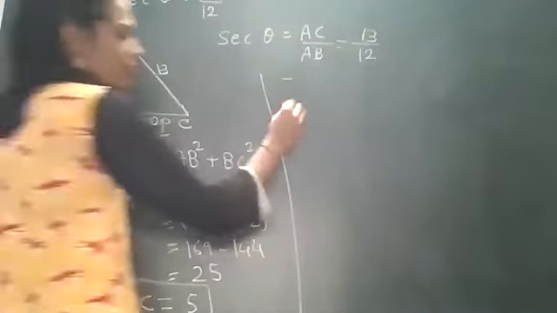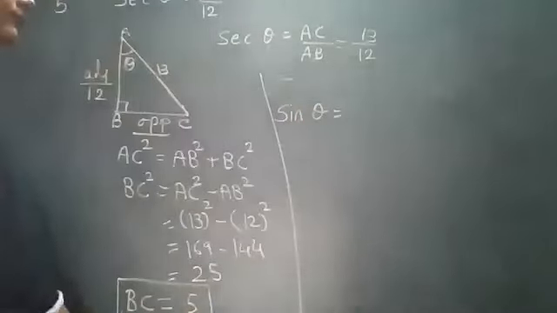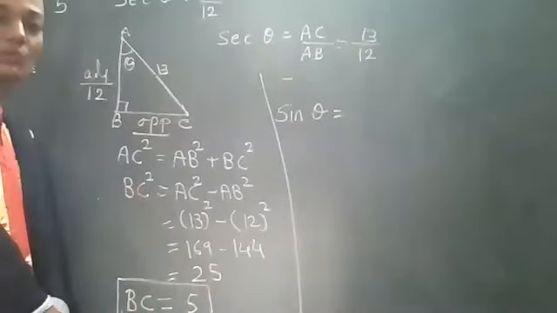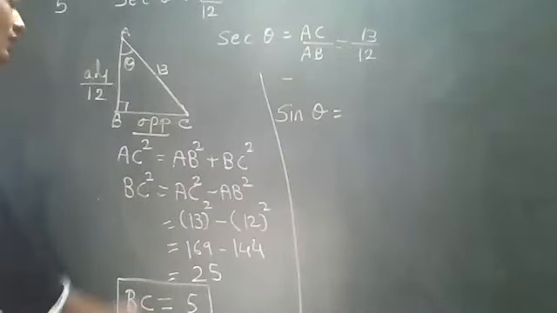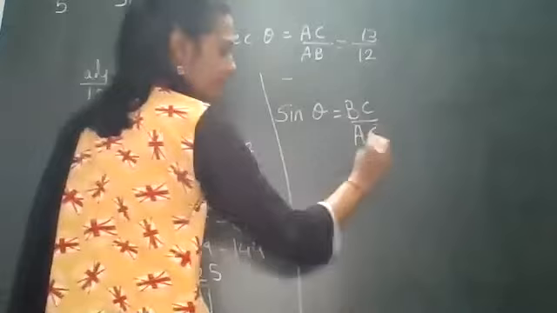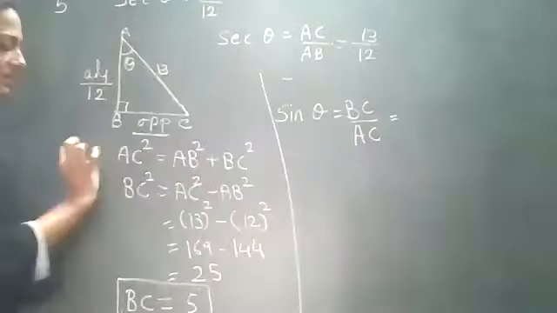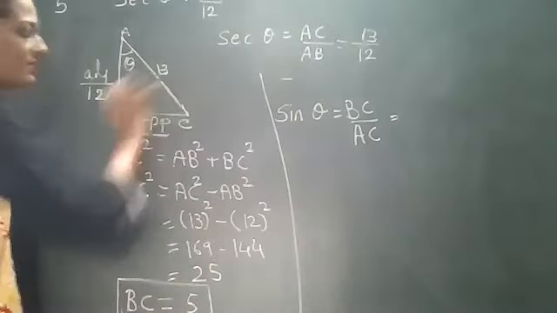Okay, so first we will go for the sine theta. Sine theta is equal to what? Opposite upon hypotenuse. So we can write BC upon AC. So BC we found as 5, right? And hypotenuse is given as 13.